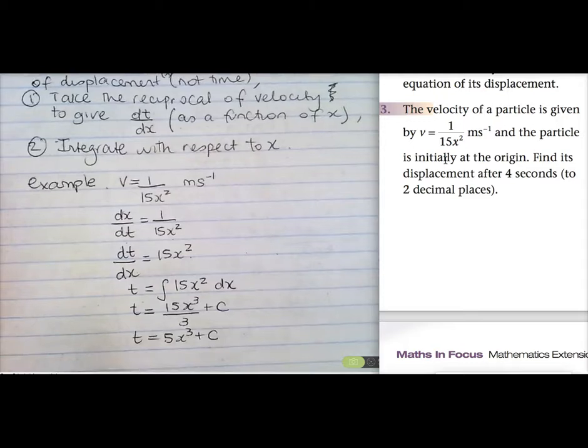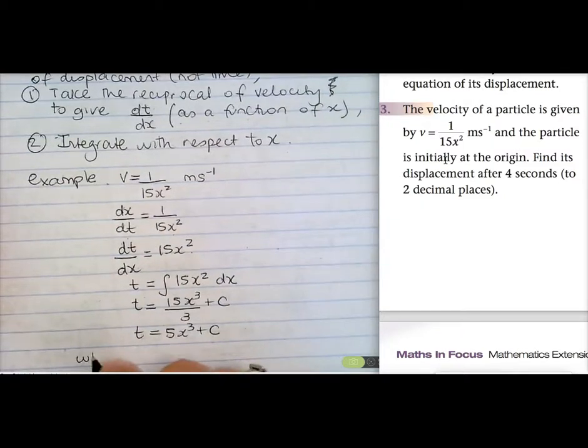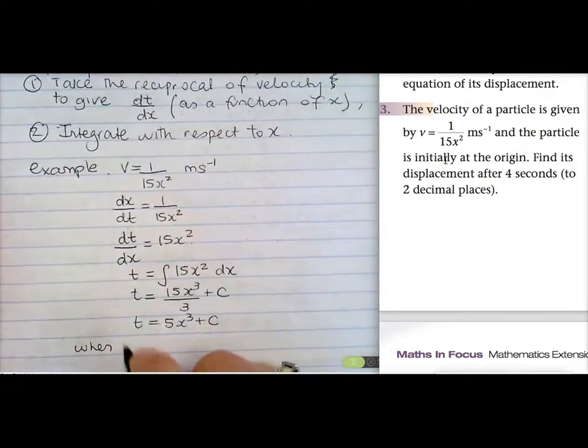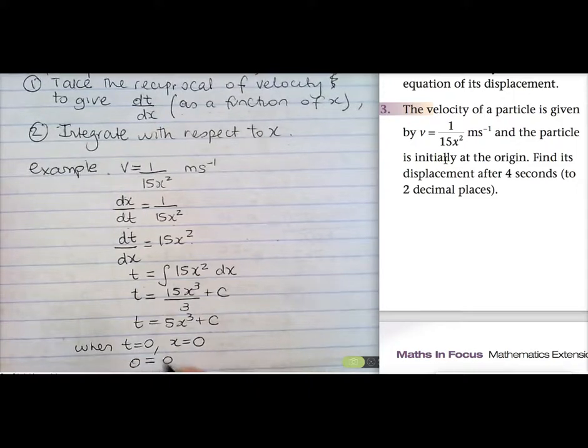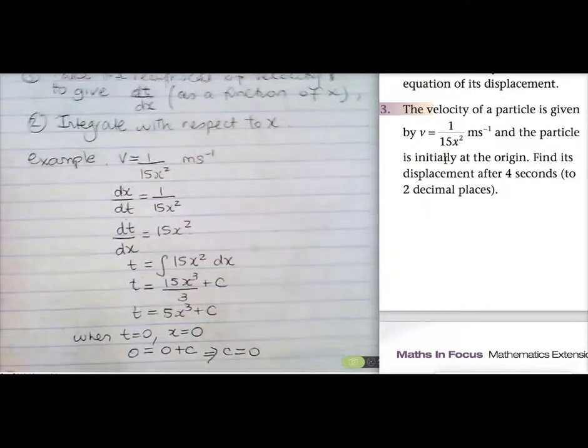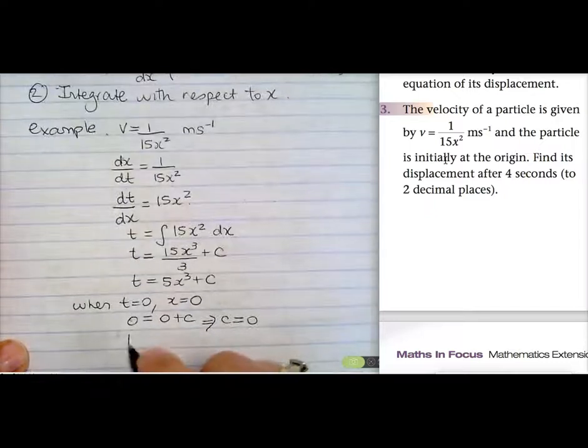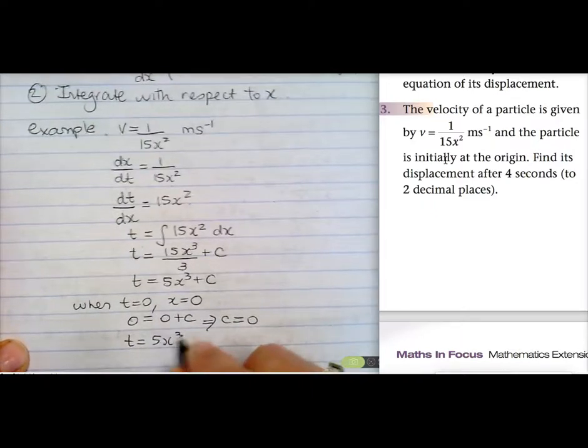Now, what do we have? It says find the displacement. It also says the particle is initially at the origin. What does that mean? When t equals 0, x is 0, so we get 0 equals 0 plus c, which gives us c is 0. So we get t equals 5x cubed.